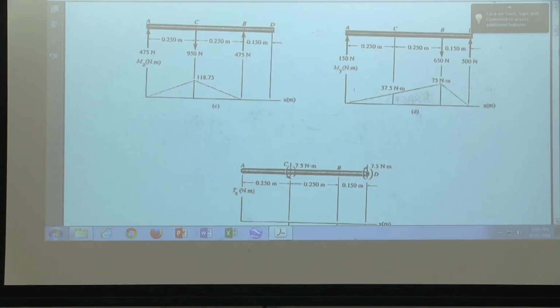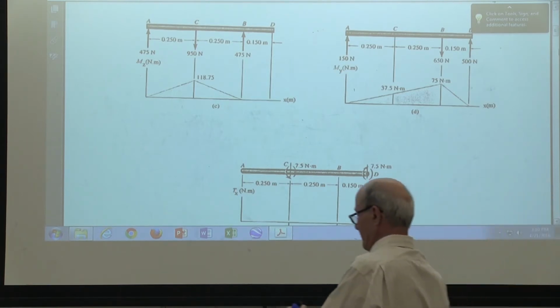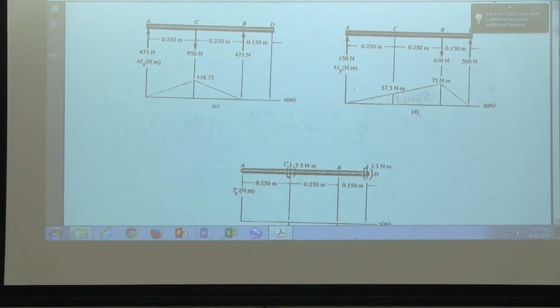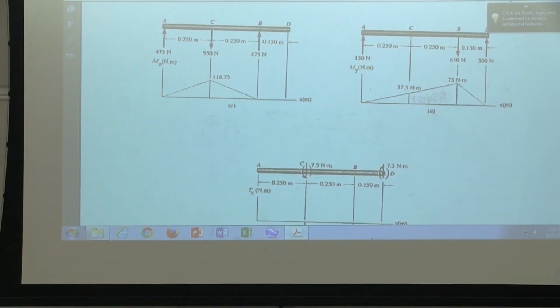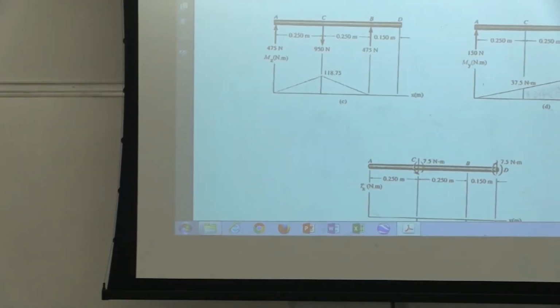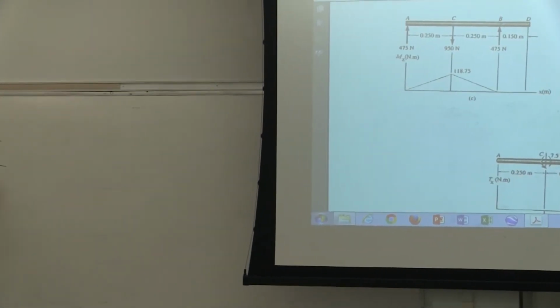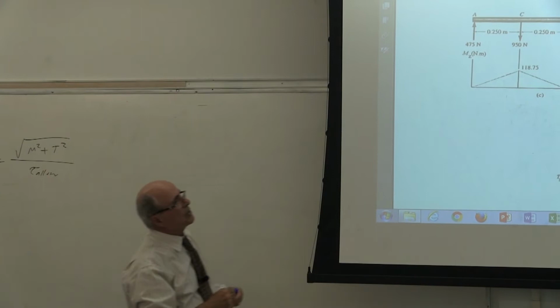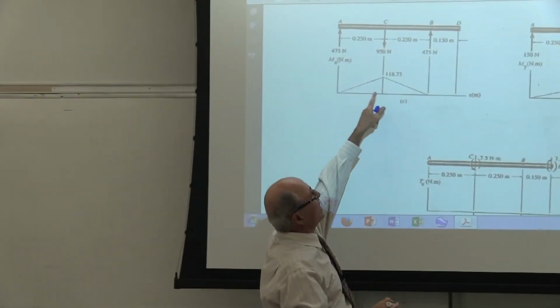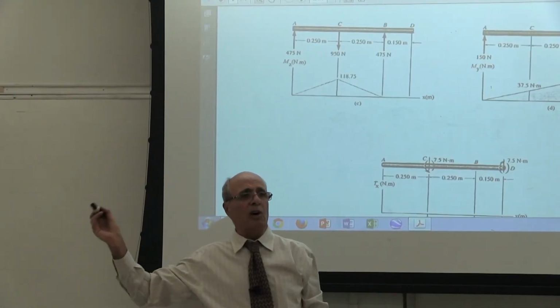Yes? However, when I put that in the equation, let's go back to the equation. J over C equals the square root of M squared plus T squared, divided by tau allowable. Here M is 118, which is the largest. Do I put 118 there?